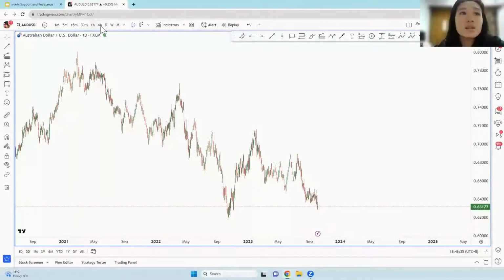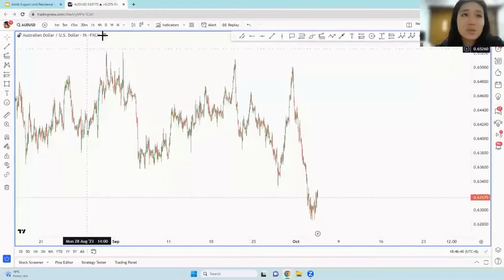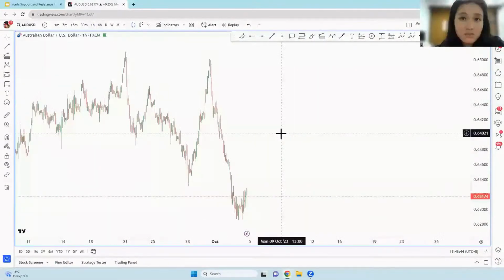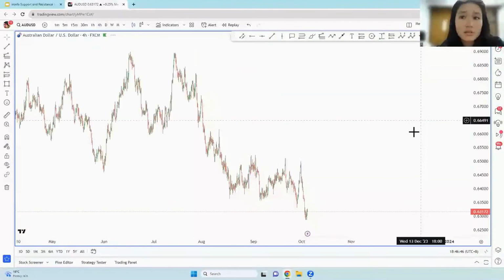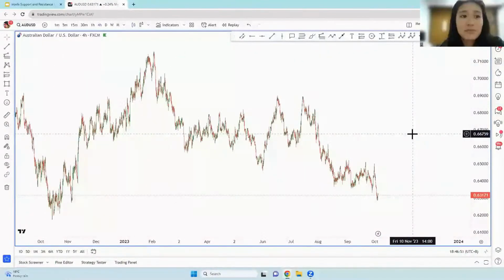Next, on our 4 hour time frame. Once again, I'm deciding between 4 or 1 hour, but both of these charts seem to be pretty clear. Maybe I'll just go ahead and analyze this on a 4 hour time frame.